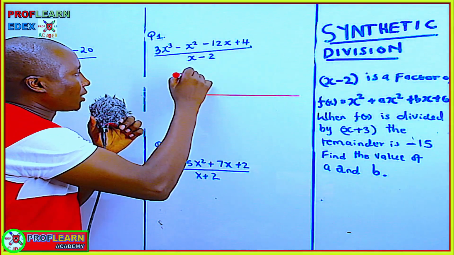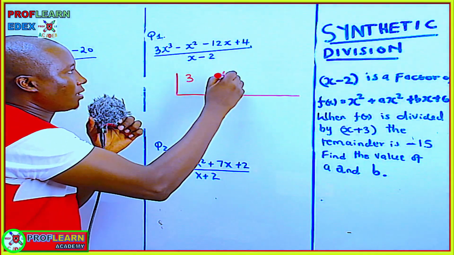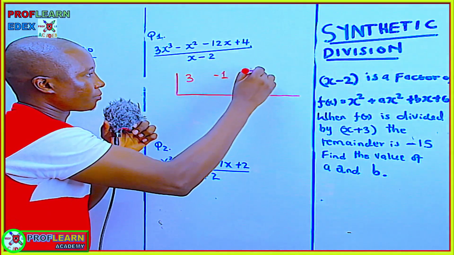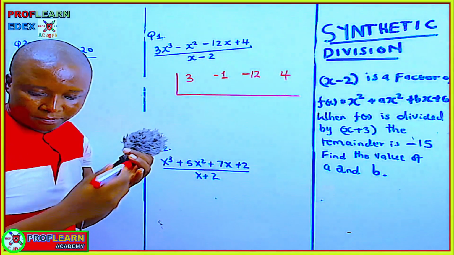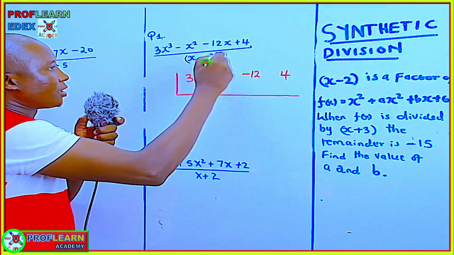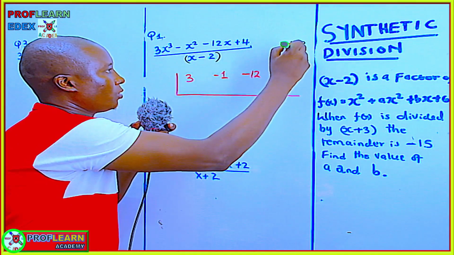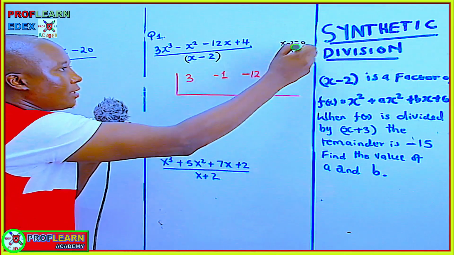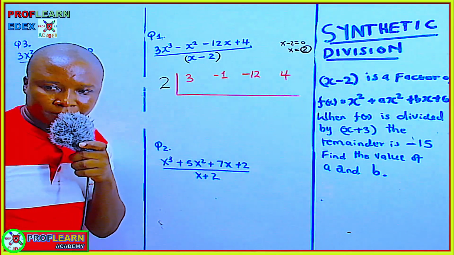So the first term is 3, this one will be -1, this one will be -12, and then we shall have +4 there. For the expression that we are going to divide by, you say x minus 2 is equal to 0, therefore x is equal to 2. So this 2, you are going to write it outside here.